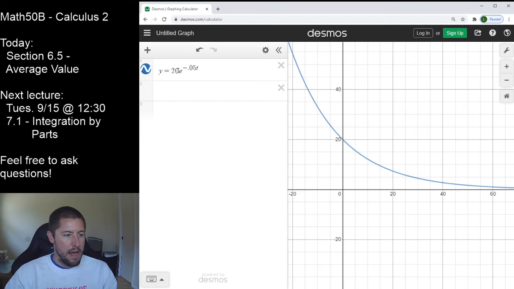The decay is because we have a negative on the power of the e. It's not going to decay super quickly, because that 0.05 says a continuous decay rate of about 5% per hour. The 20 is our initial value right here. So you can see that at time 0, we do have 20 milligrams per liter.